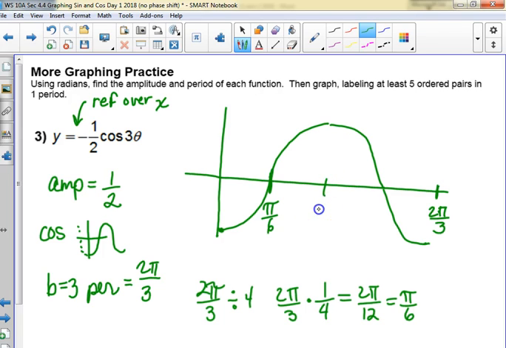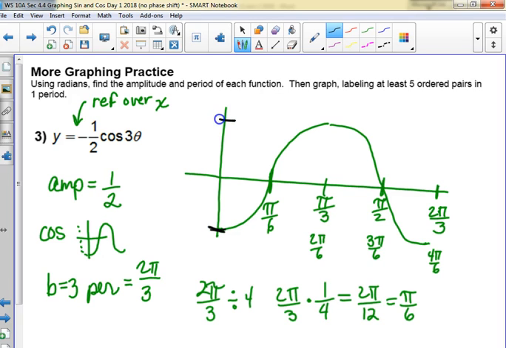The maximum is going to be 2/6, which is what, guys? Pi over 3. Then the next x-intercept is 3 pi over 6, which is pi over 2, right? Reduces. And then 4 pi over 6 should get us back to 2 pi over 3. All right.